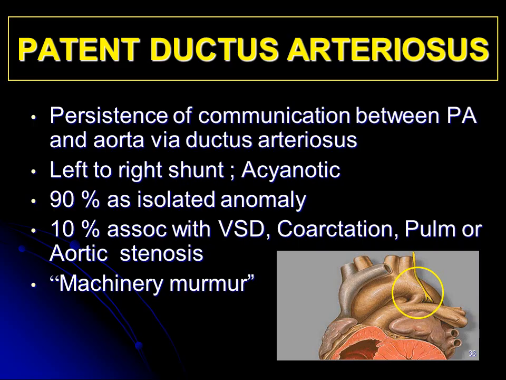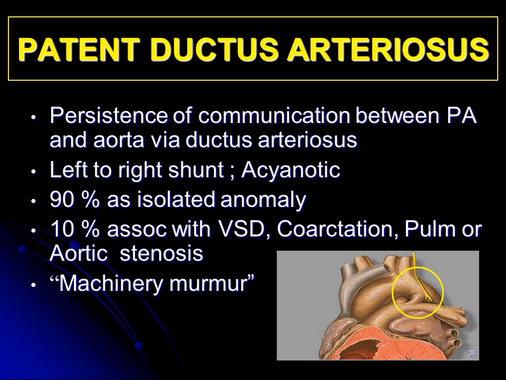Although some occur in association with heart defects, the majority of these are isolated anomalies. A persistent ductus arteriosus is diagnosed when the ductus arteriosus fails to close after 72 hours.